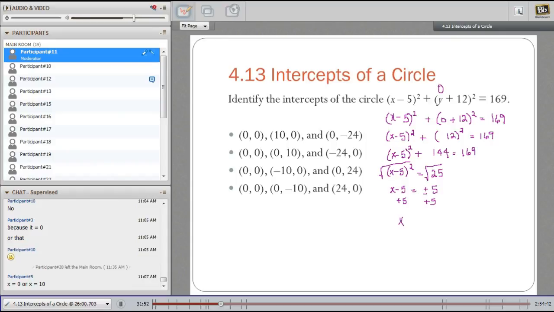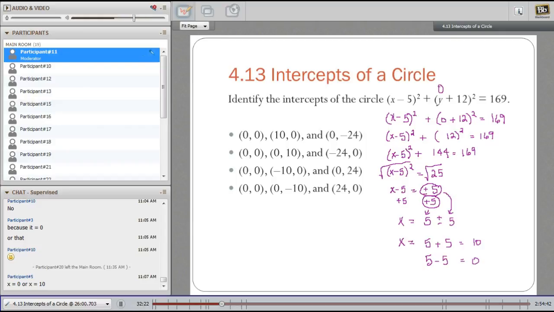How you would write the answer is positive 5, which is coming from this one right here, plus or minus 5, which is coming from this part here. Okay? And that gives you two answers. One answer is the 5 plus 5 part, and one answer is the 5 minus 5 part. So you have 10 or 0. Okay?